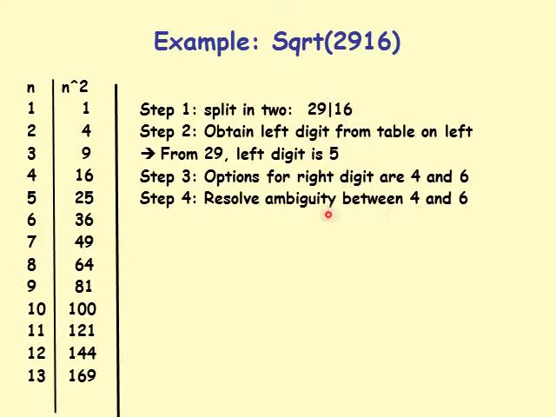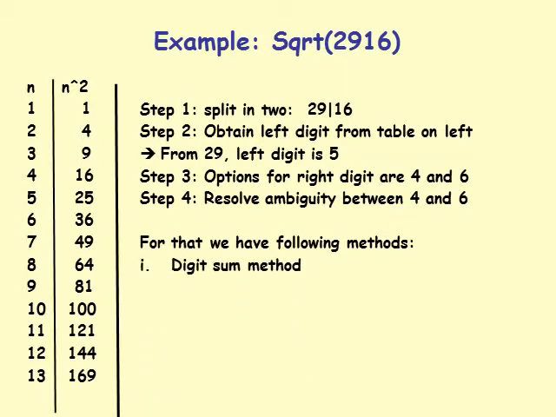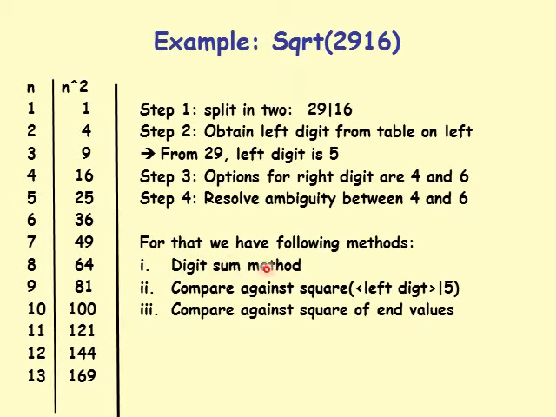So the left digit is 5, the right is either 4 or 6, and we have to resolve the ambiguity. For that, we either use the digit sum method, or compare against the square of the left digit and 5 on the right, or compare against the squares of the n values.